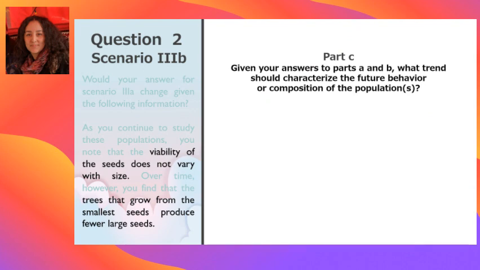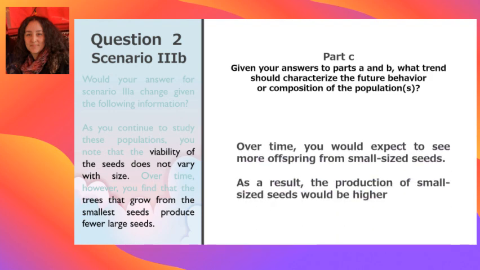Okay, part C. Given your answers to part A and B, what trend should characterize future behavior or composition of the population? So over time, you would expect to see more offspring from small sized seeds because we have that selection working against the large and medium seeds, taking them out of the running, and so we have more small seeds being able to produce trees.